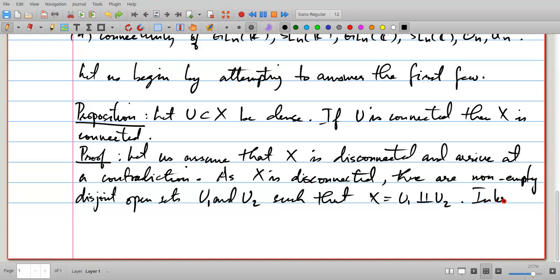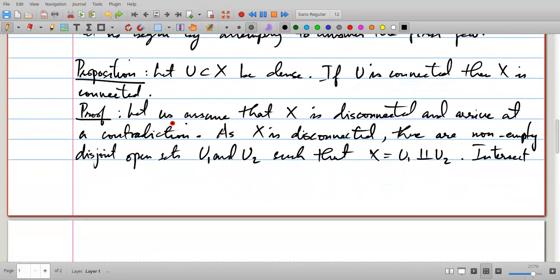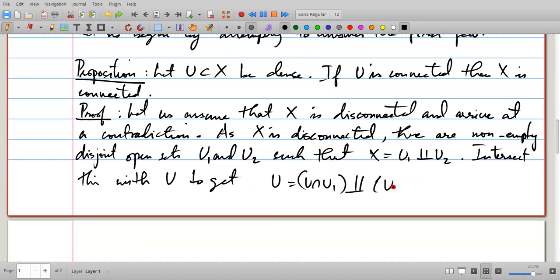So we simply intersect this with U to get U is equal to U intersection U1 disjoint union U intersection U2.